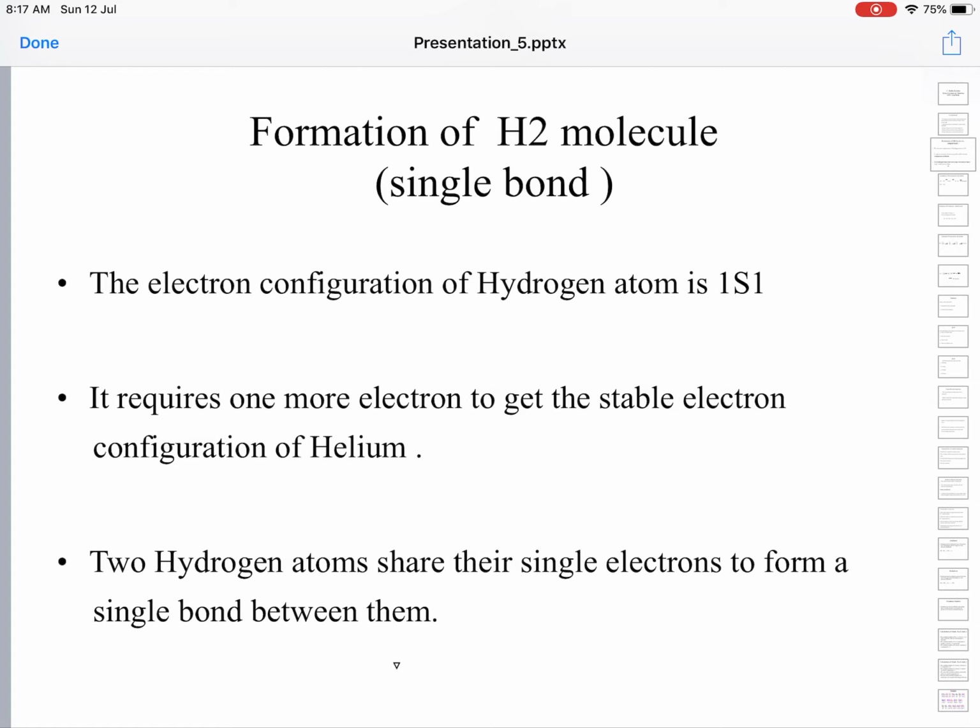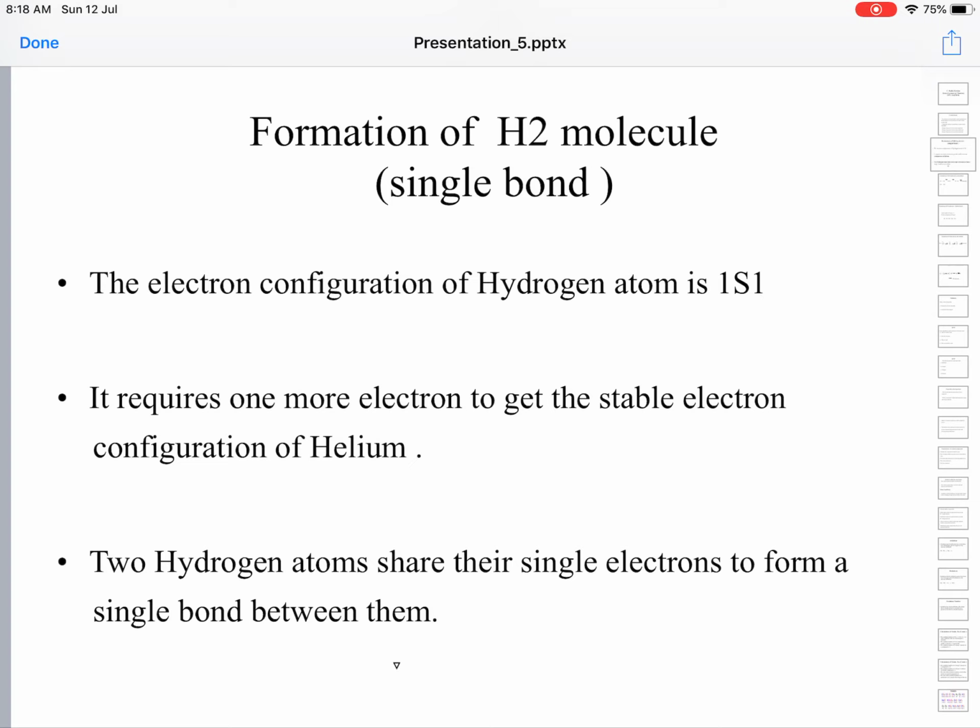Its configuration is 1s1. It requires one more electron to get the stable configuration of helium. Helium is 1s2, and helium is one of the inert gases, with a very stable configuration. So for our hydrogen atom to get a 1s2 configuration and become stable, it needs one more electron.